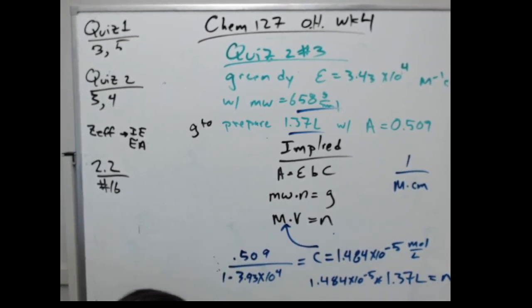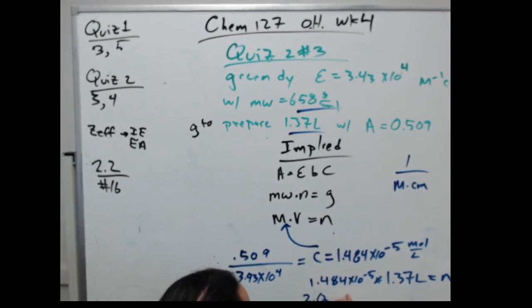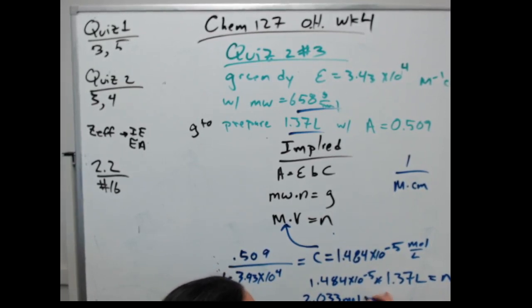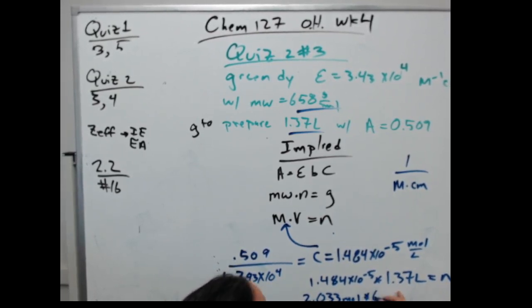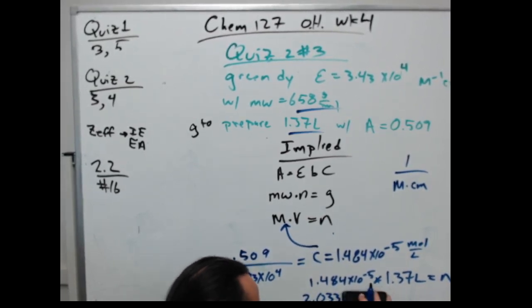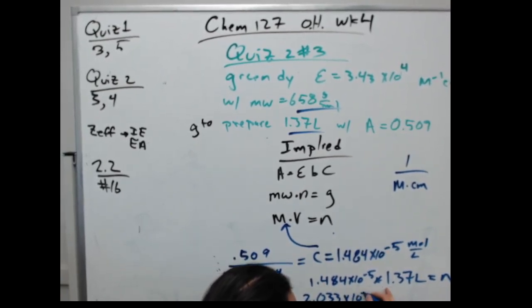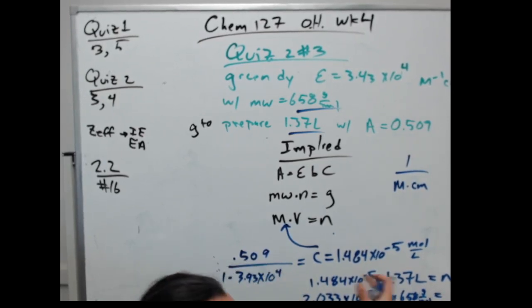So I multiply by 1.37, and that gets me just a slightly bigger number, 2.033 times 10 to the minus 5 moles, times the molecular weight of 658 grams per mole. That's going to cancel out the moles and just leave me with grams.